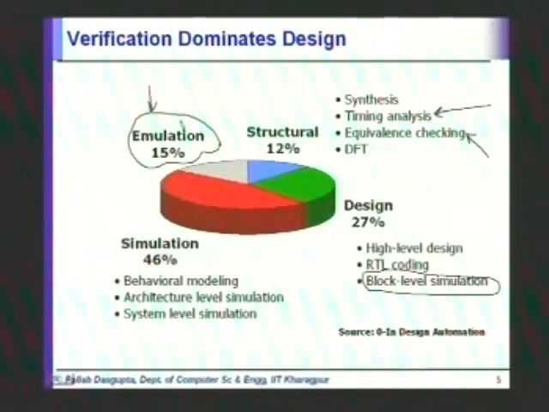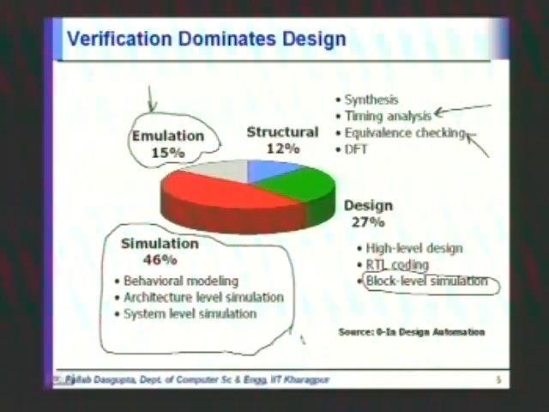Now this is really growing, because people are feeling that simulation here with 46% of the time is quickly running out of steam, because the larger the designs are, the more time that it takes to simulate them, and getting adequate coverage in simulation is becoming a problem.